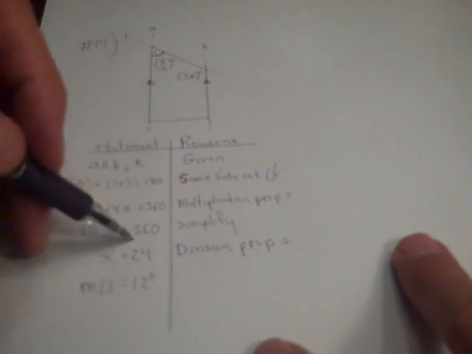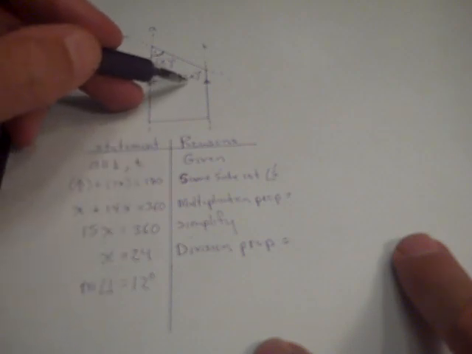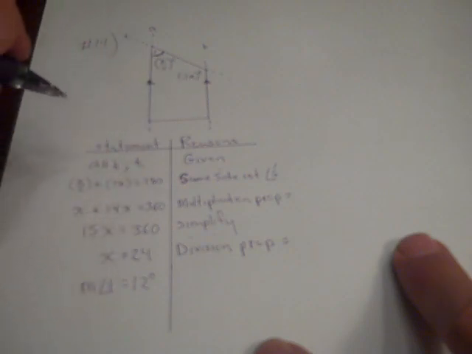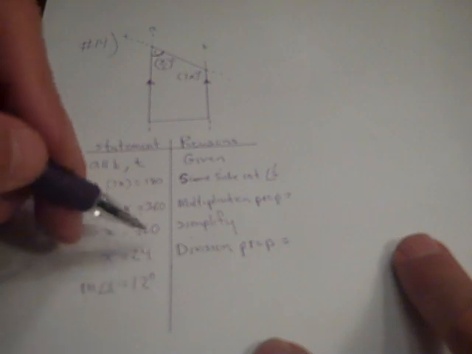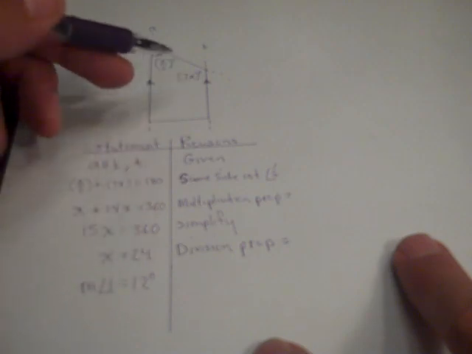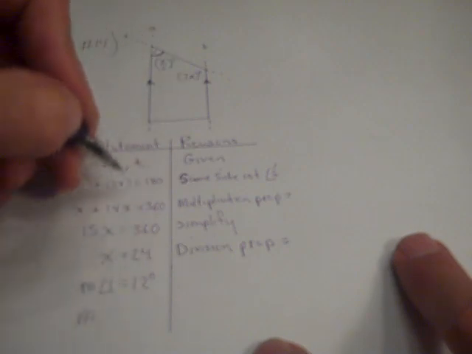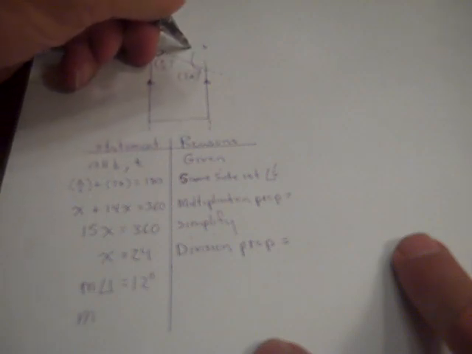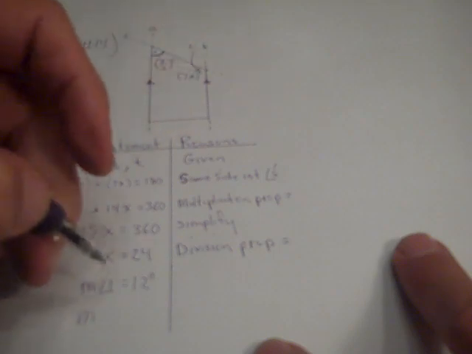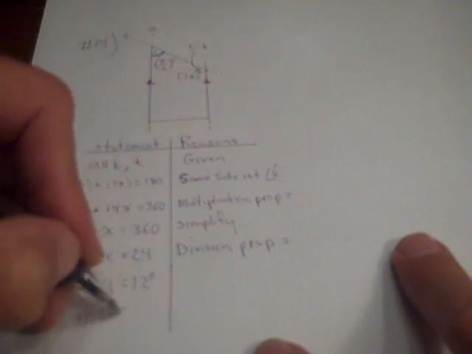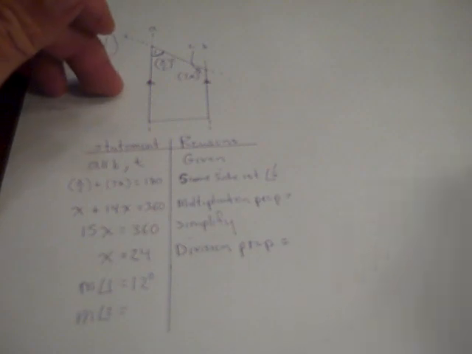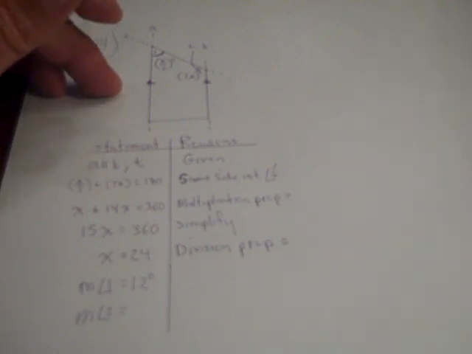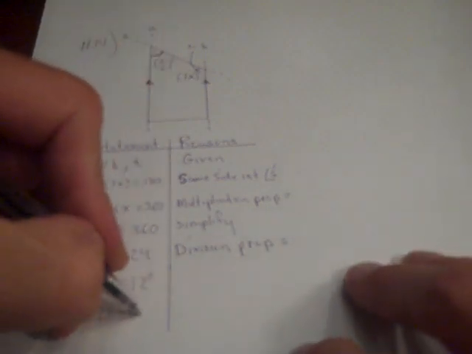I can find the second angle one of two ways. I know the other angle must be the supplementary angle, but if I plug 24 back into 7 times x, for the measure of angle 2, I'll call this angle 2 right here, the measure of angle 2 is equal to 7 times 24, which is equal to 168 degrees.